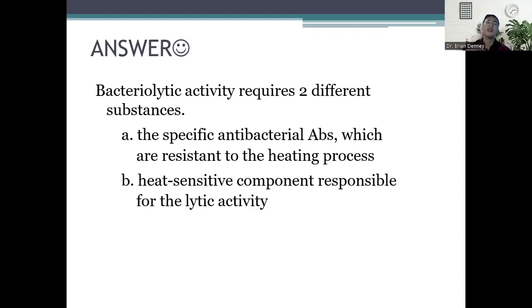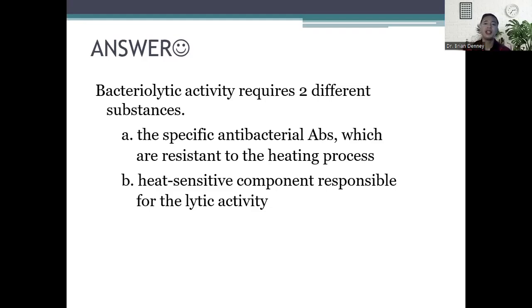Whatever heating you do, your antibodies will still be found in your serum. But there are heat-sensitive components responsible for the lytic activity. Remember, after heating, what happened? Correct. There was no more lysis of your Vibrio cholerae cells.